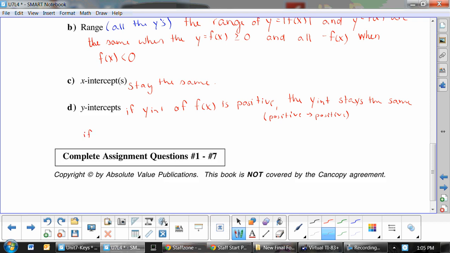And then we also need to know for our notes what happens when it's negative. So if the y-intercept of the function is negative, the y-intercept is reflected. Okay, so we can even put in brackets opposite or negative to positive.